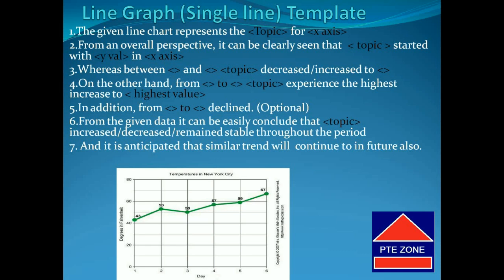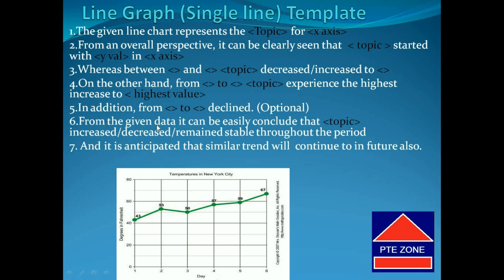It worked actually. And the important thing is, if you see what I've done in the conclusion, what I've written is, "From the given data it can be easily concluded that temperature," for example, starting point and ending point. I just make sure if the ending point is more than the starting point, I will say increased, right?